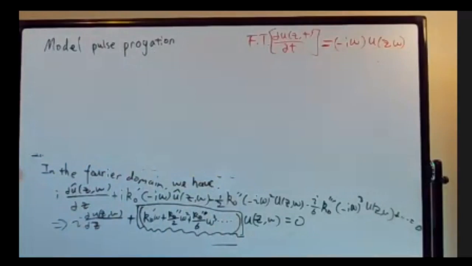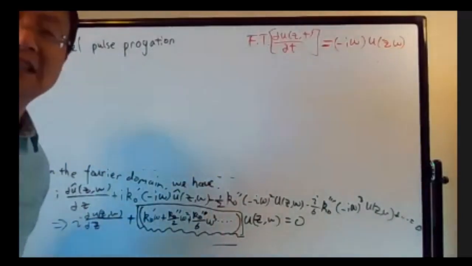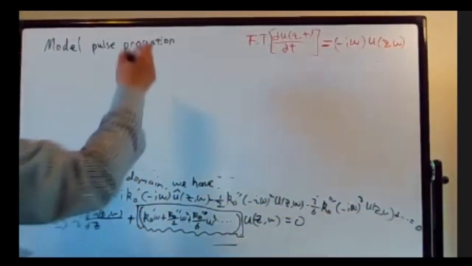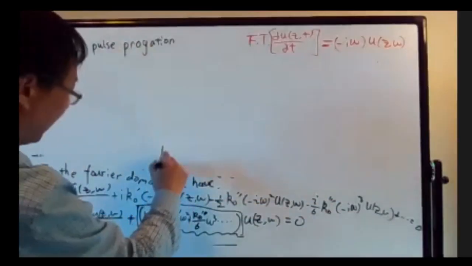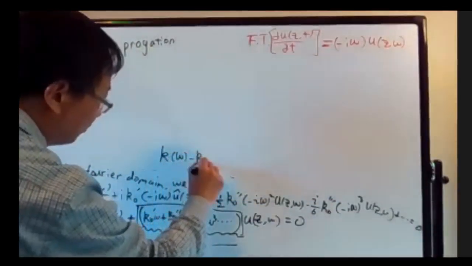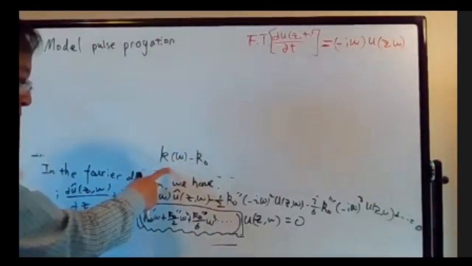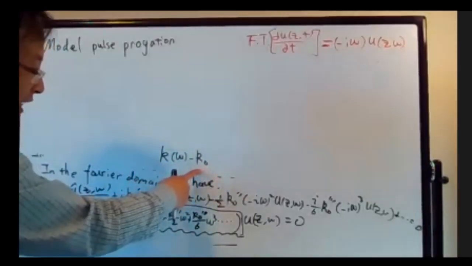Is it a Taylor series? That's very good. It is the Taylor series for the K omega minus omega naught. So it is the Taylor expansion series minus this constant term, right?